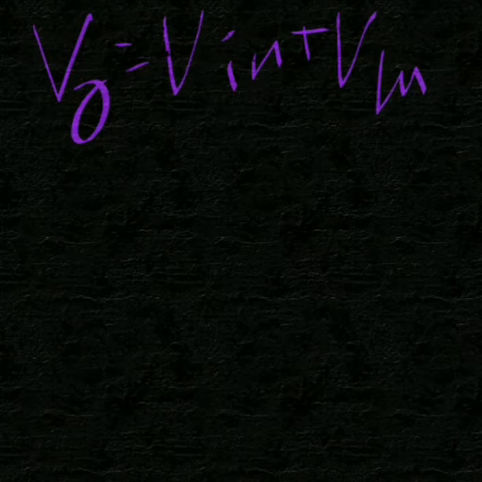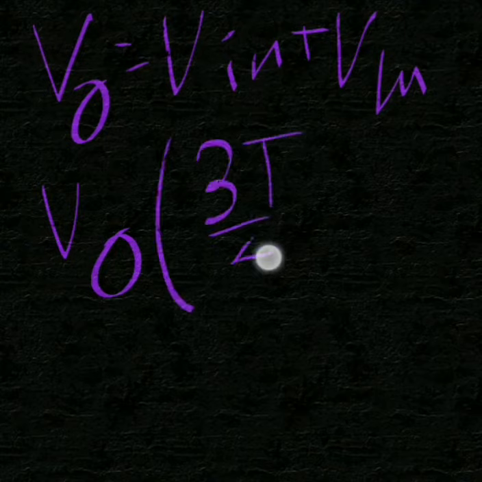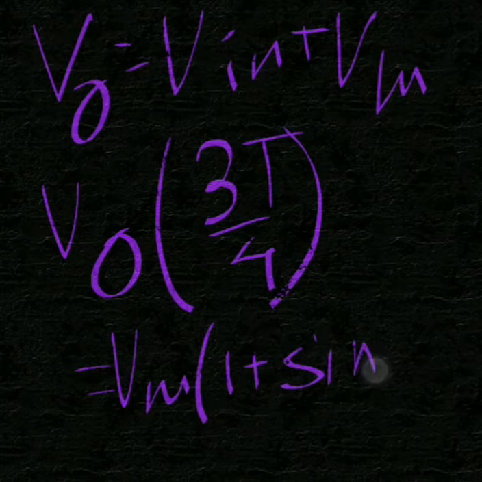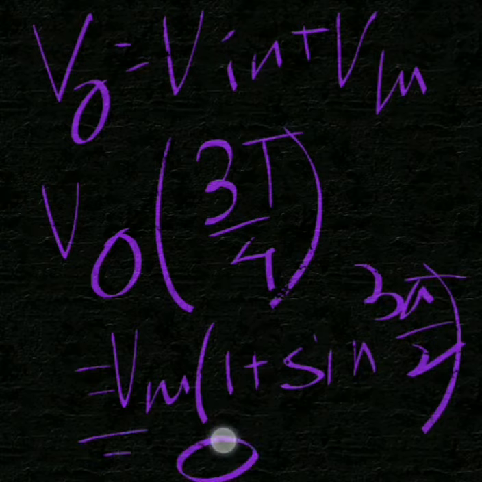So let us start. Vo at 3T upon 4 will be Vm into 1 plus sine 3 pi upon 2. This is 0 because sine 3 pi upon 2 is minus 1.